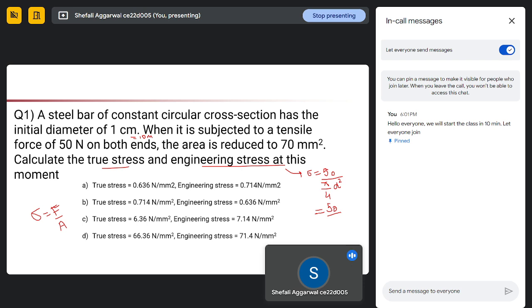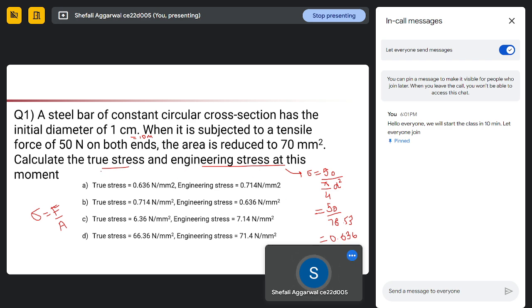Area is coming as 78.53. Calculate this. What value are you getting? It is approximately 0.636. That will be our engineering stress.